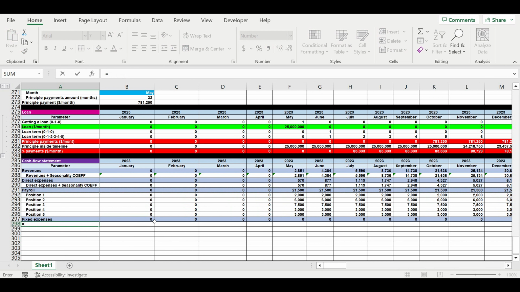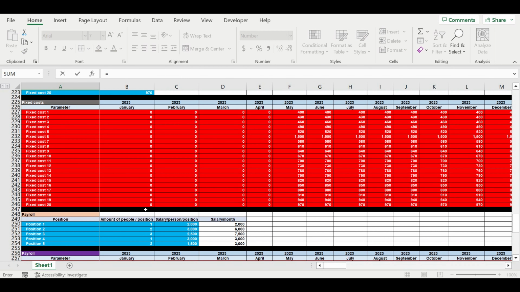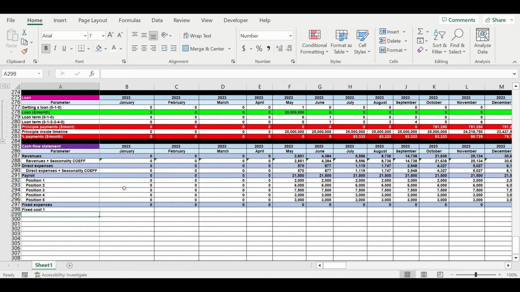Fixed expenses will come from here, fixed costs. Let me just group this data.